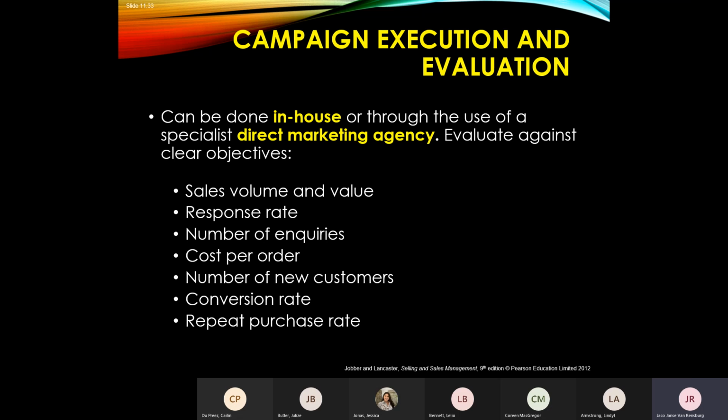Did you just want to determine what the response rate would be from customers? Are you trying to get new inquiries? What specifically was your objective? And you will obviously evaluate the success of your campaign against the objectives that you have set initially.